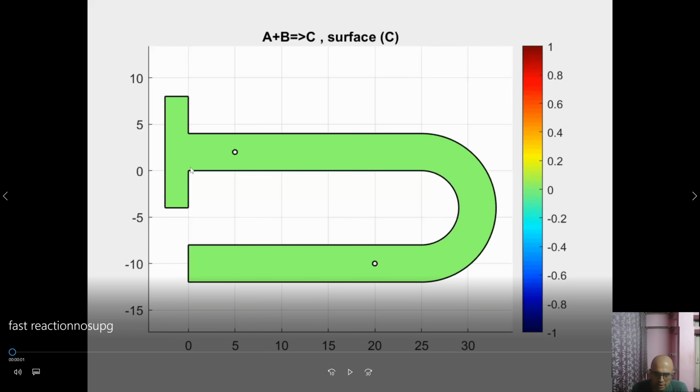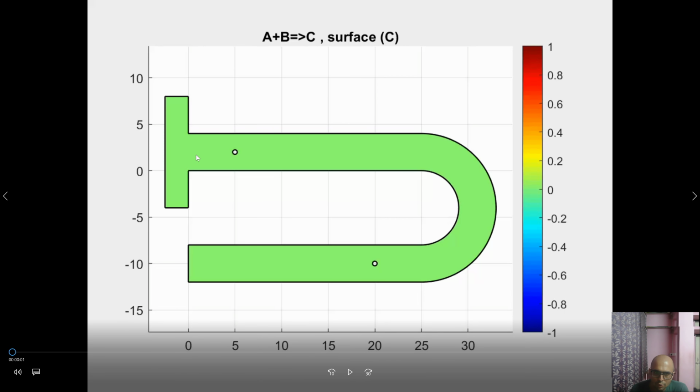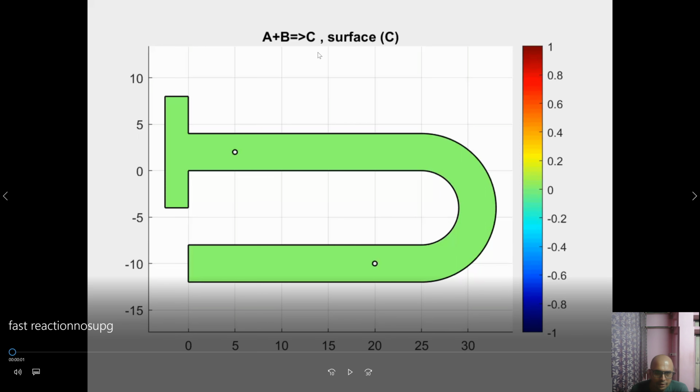Here you have a CFD simulation of the Navier-Stokes equation, fluid flow in 2D, and there is a reaction taking place: A plus B gives C. All of these A, B and C are perfectly miscible in water, and the change in density due to the reaction is minimal. So you are solving this coupled problem, and reactant A is coming from the downside of this T, and B is coming from the upside, and they mix in this T, and C is formed.